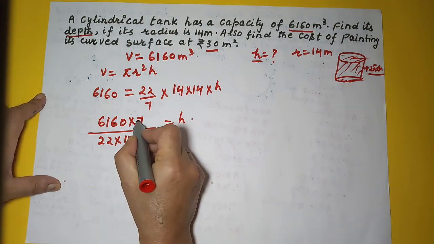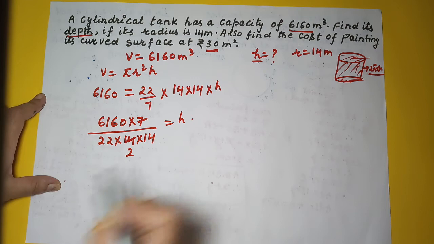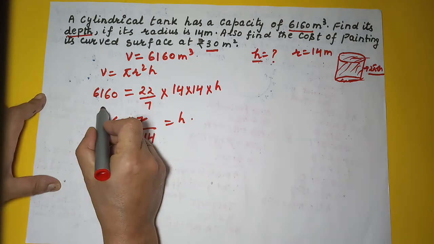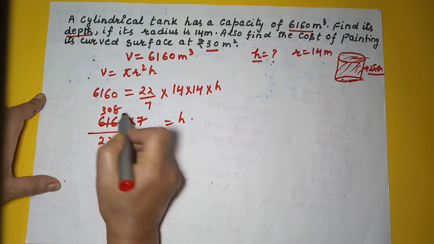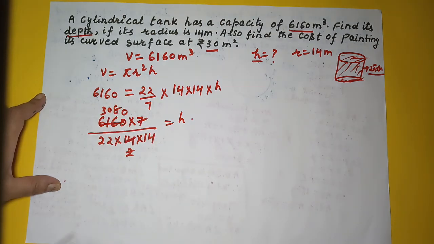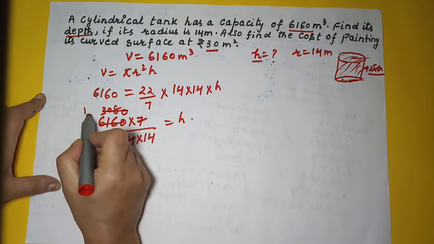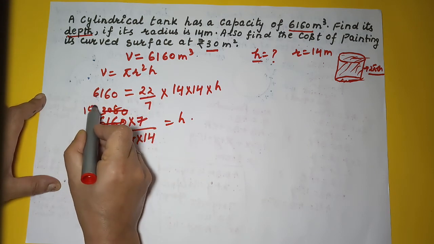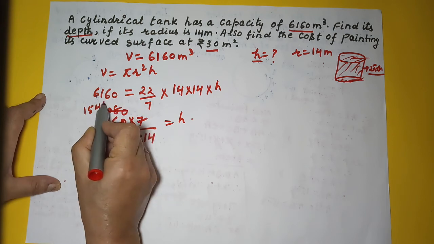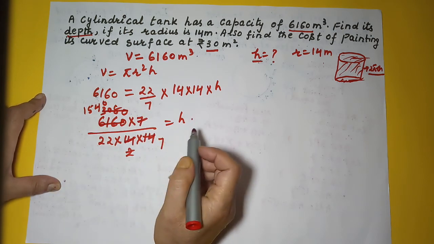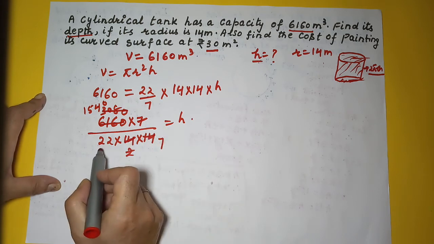Okay, now let's start solving it. 7 2s are 14, then 2 3s are 6, 2 8s are 16, and 0, right? Again 2 1s are 2, 2 5s are 10, 2 4s are 8, and this 0, right? And 2 7s are 14. Now will it go with 11?